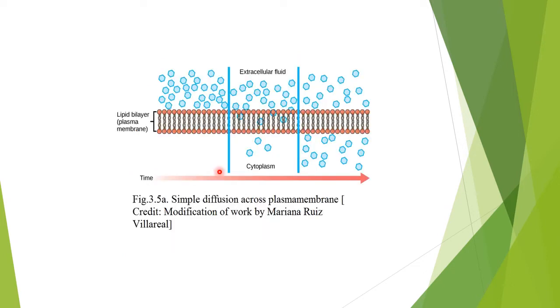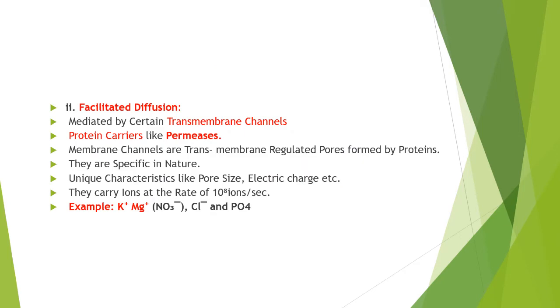Or you have a simple diffusion here. This is the plasma membrane, lipid bilayer and protein bilayer. With passage of time, you will see the extracellular fluid crossing the plasma membrane lipid bilayer, and the equilibrium is maintained there. So it's a simple diffusion across the plasma membrane. Facilitated diffusion is mediated by certain transmembrane channels and protein carriers like permeases.